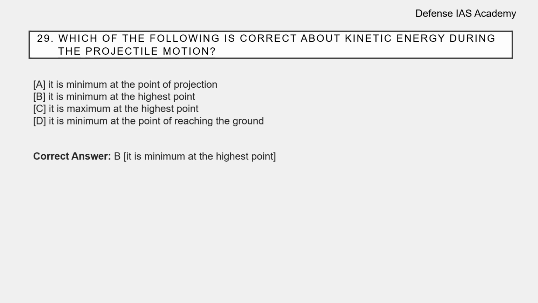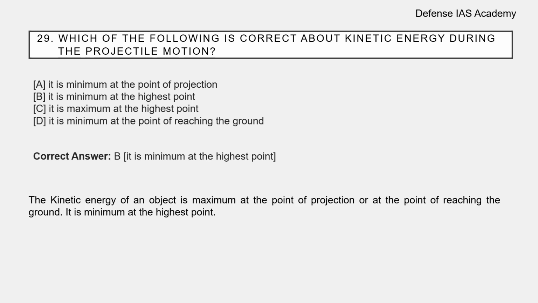Now the correct answer is option B, it is minimum at the highest point. The kinetic energy of an object is maximum at the point of projection or at the point of reaching the ground. It is minimum at the highest point. The kinetic energy is very minimum at the highest point in a projectile motion.